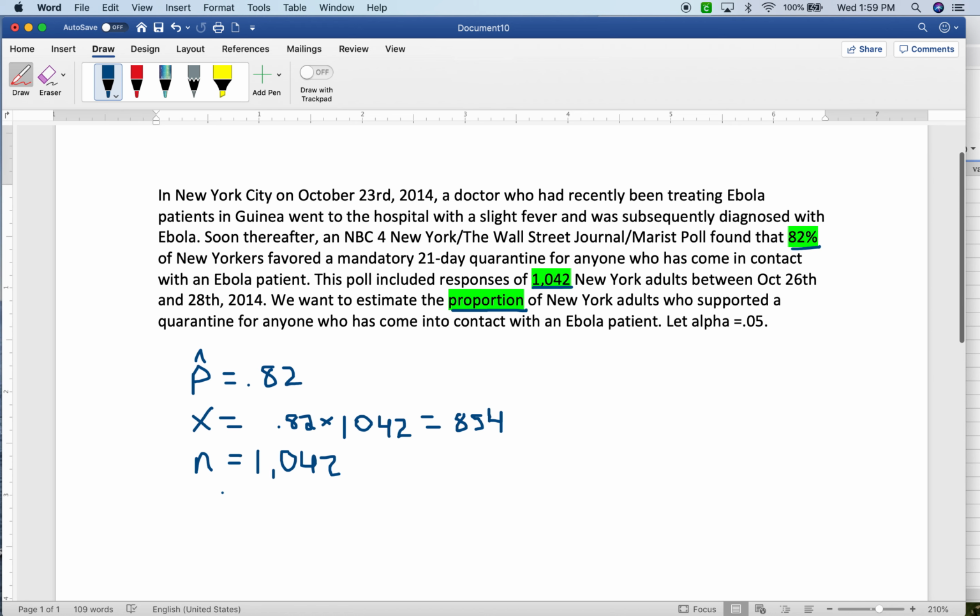The last thing we need is our confidence level. If alpha is 0.05, that means our sides here have 5%, which means the middle has 95%. So we have a 95% confidence interval, so that's what we're looking for there, 95%.